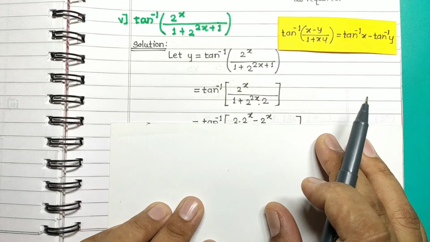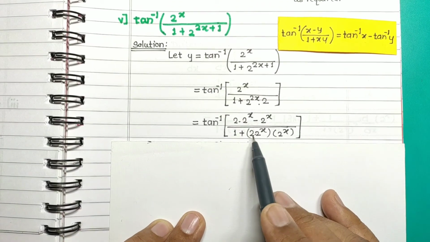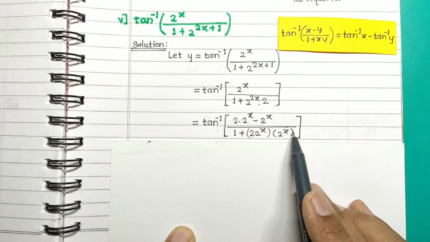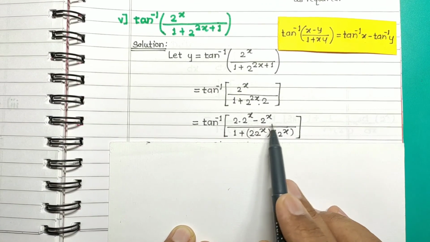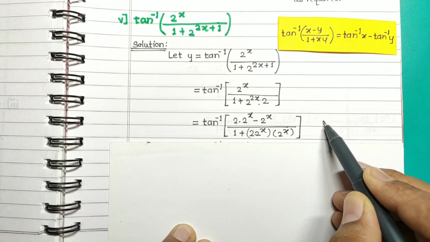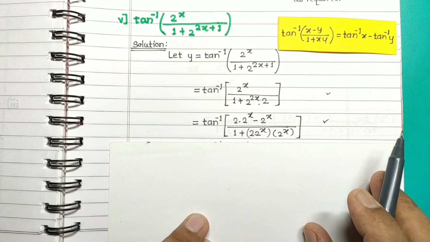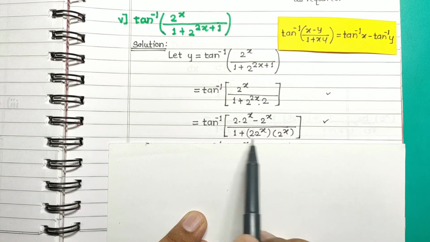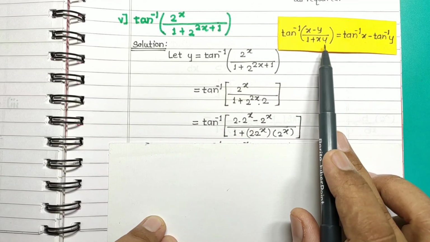So here we have at the denominator the product of 2 into 2 raised to x into 2 raised to x, and at the numerator their subtraction is there. So you note these two steps very properly. Okay, we have used indices and here we have arranged these terms like this property.